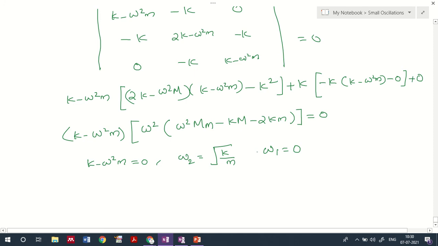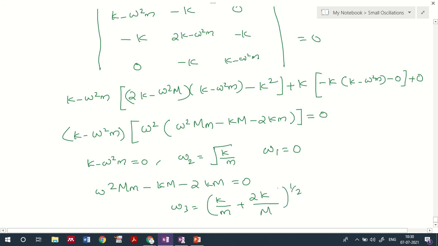And thirdly, when you equate this entire factor, omega square m minus k capital M minus 2km, which is equal to 0, you will get omega 3 equal to k by small m plus 2k by capital M, raised to 1 by 2, or rather you can keep it as a root value.